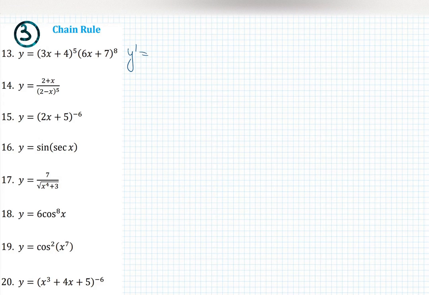Y prime is, first of all, I can see a product rule here, so it's going to be U times V. Review product rule from the previous video. Derivative of U is derivative of 3x plus 4 to the 5. Chain rule tells me that I see something raised to the 5, so 5 goes down, multiply by 5, copy the piece inside, because you cannot touch it yet until you finish differentiation using power rule.